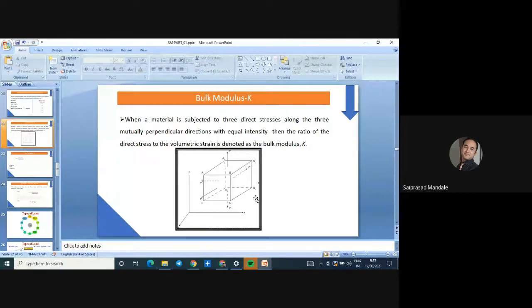Now we are moving towards bulk modulus. Please give attention to the bulk modulus.